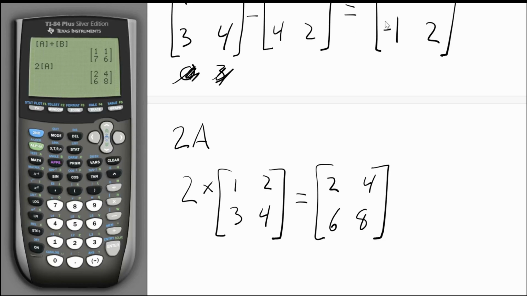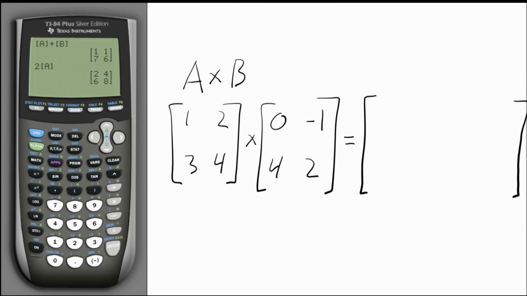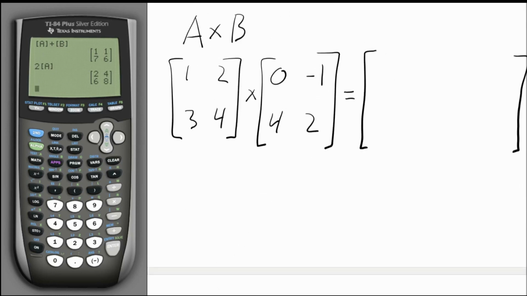The other type of matrix multiplication is a bit more tricky. And so this is actual matrix multiplication, where we're going to be multiplying one matrix times another matrix. So when we multiply matrices, it's not quite as easy as before. We don't just multiply the corresponding elements.